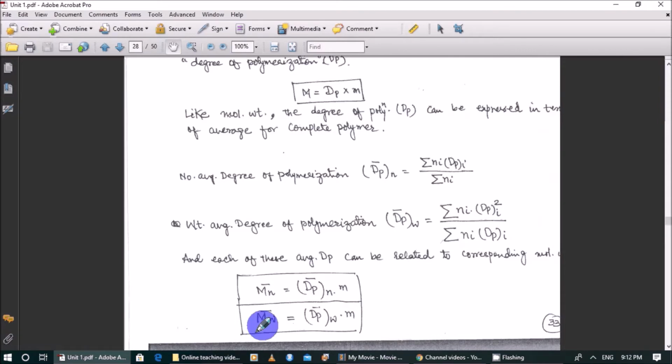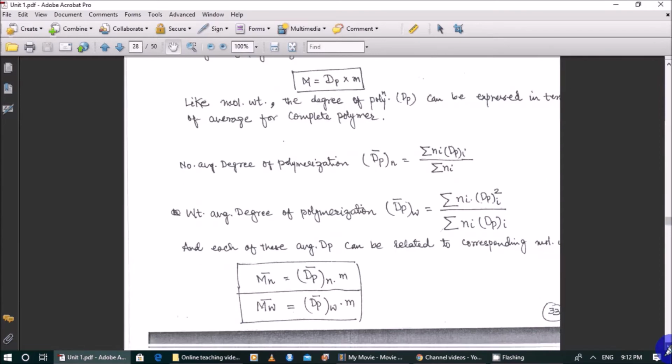Similarly, weight average molecular weight of the polymer is equal to weight average degree of polymerization multiplied by the molecular weight of the repeating unit. So this is the formula for how we can relate number average or weight average molecular weight with their respective degree of polymerization.